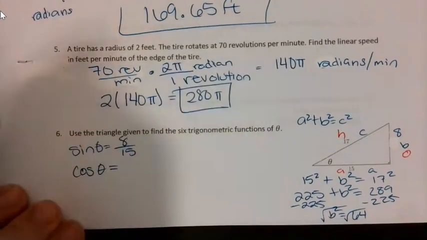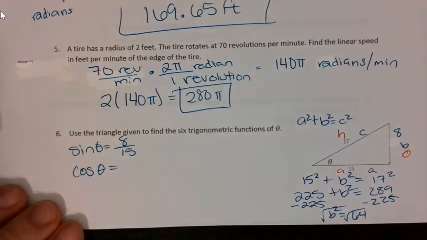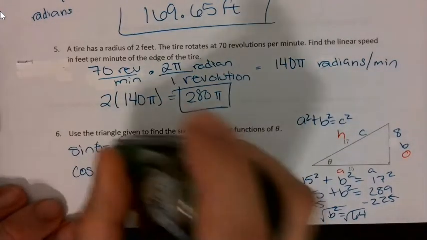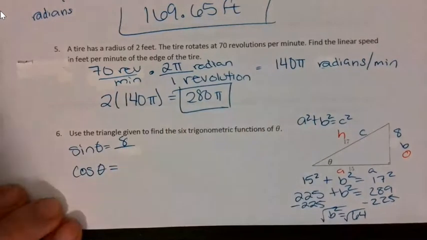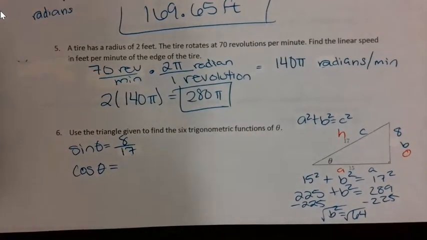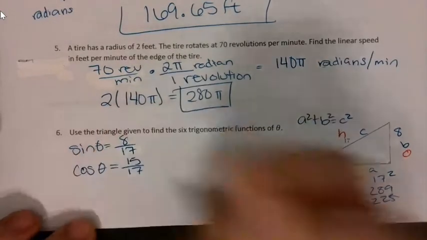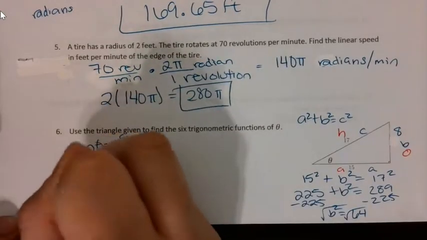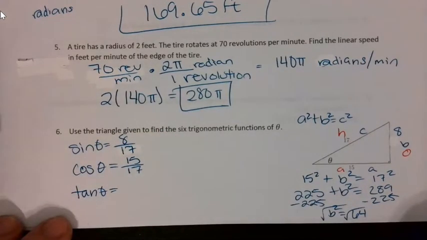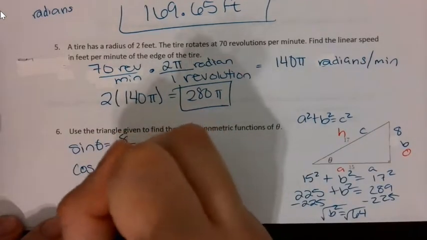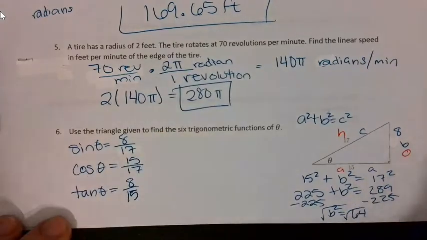Cosine is adjacent. What? No. Sine is opposite over hypotenuse. That should be 8 over 17. Cosine is adjacent over hypotenuse. That's going to be 15 over 17. And tangent is opposite over adjacent, so the 8 over 15 that I was trying to write earlier.